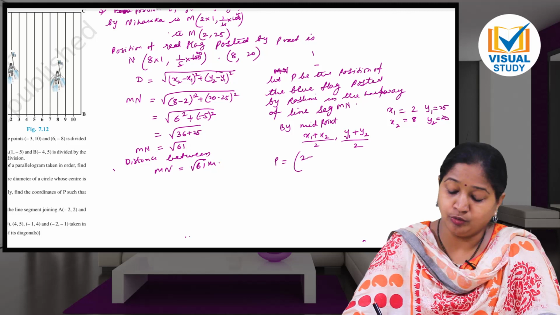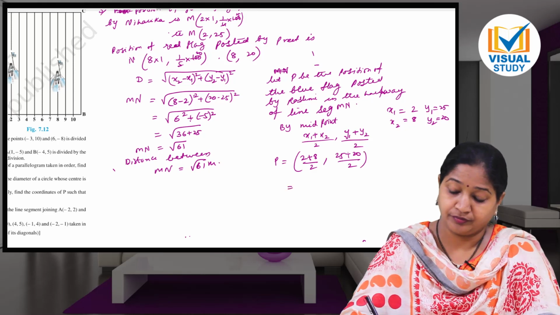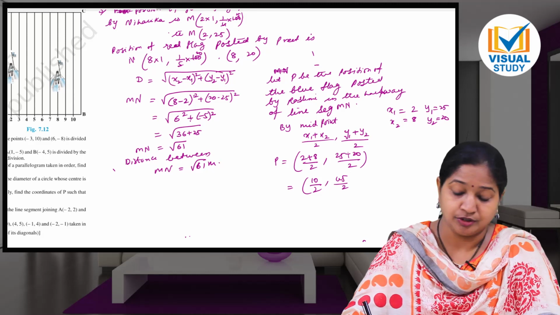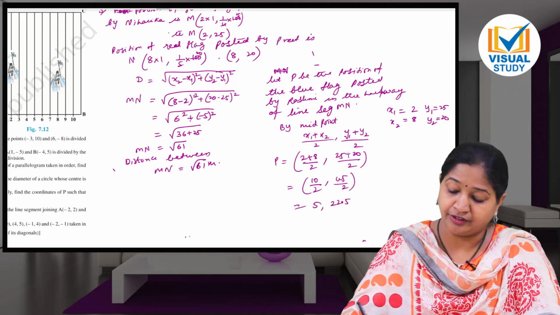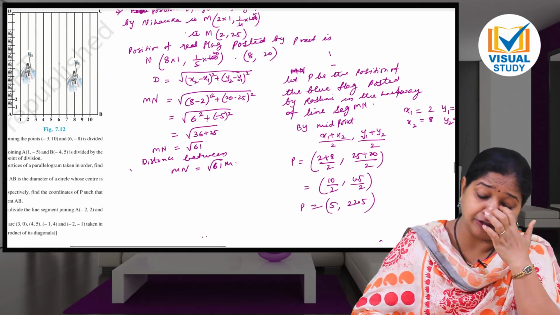You will get (2 plus 8) divided by 2 and (25 plus 20) divided by 2. And you get 10 upon 2 and 45 upon 2, that is equal to 5 and 22.5. So the P point is (5, 22.5).